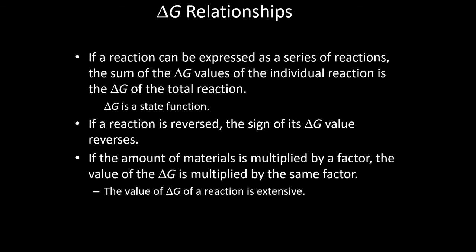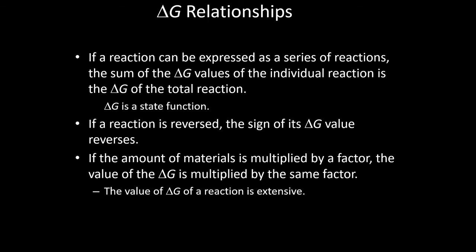So if we had multiple different reactions, we could add them together to make the reaction that we wanted. And if we could do that, we could do the same thing with their delta H values. So we could add the delta H values to get what we wanted.